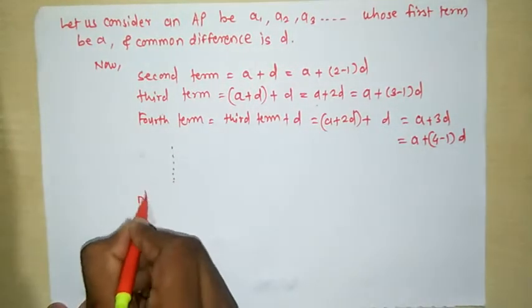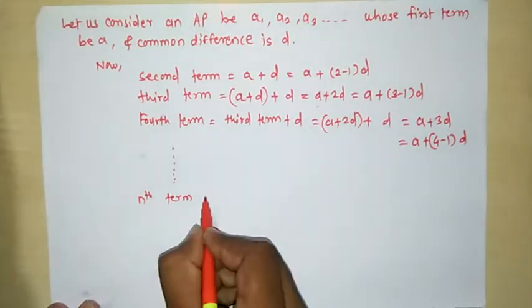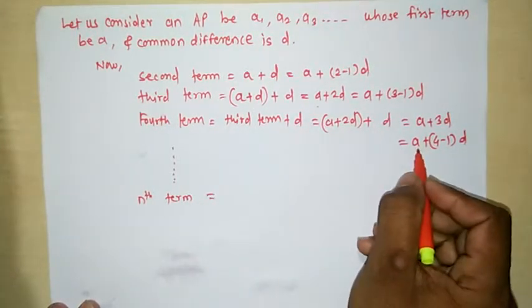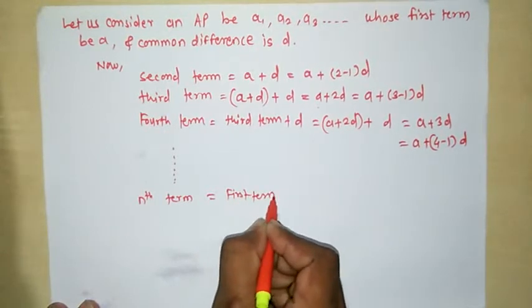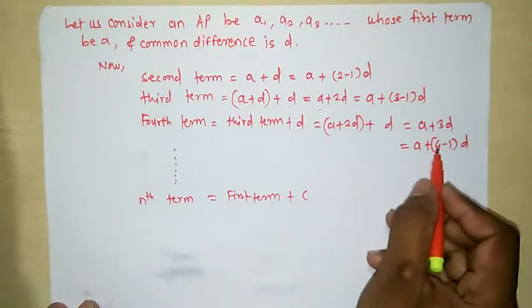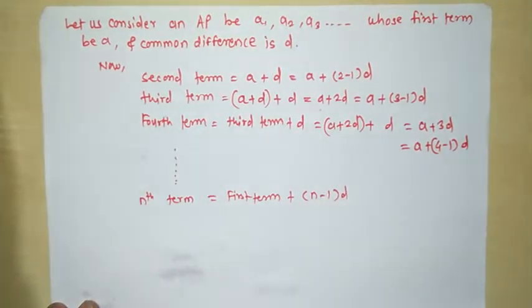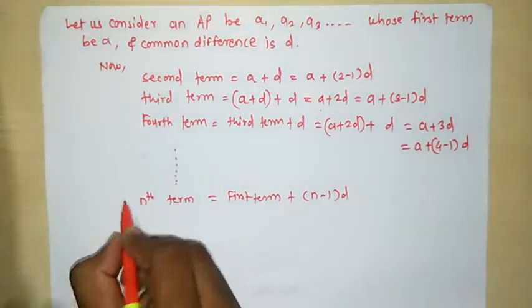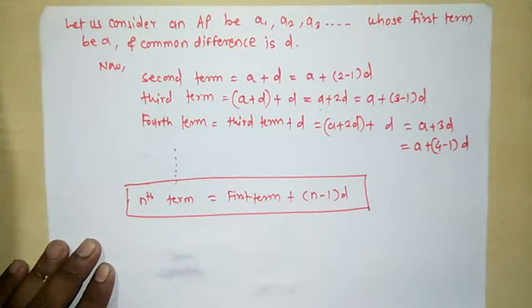Now, to find the nth term, check here, this can also be written as the first term plus n minus 1 into D, where instead of 4 we write n. This is the general form of the nth term of an arithmetic progression.